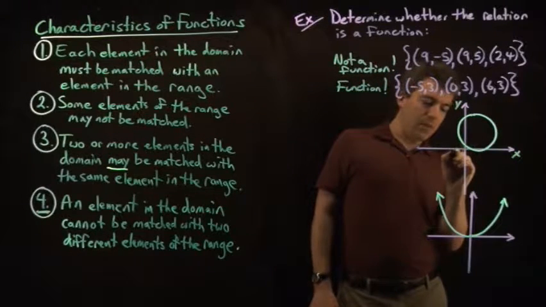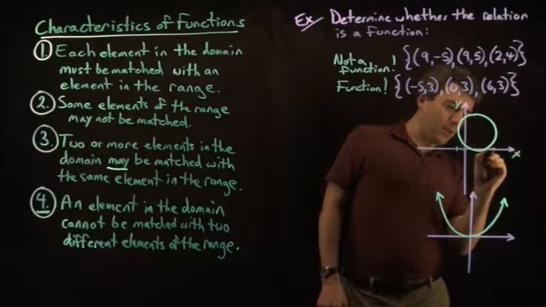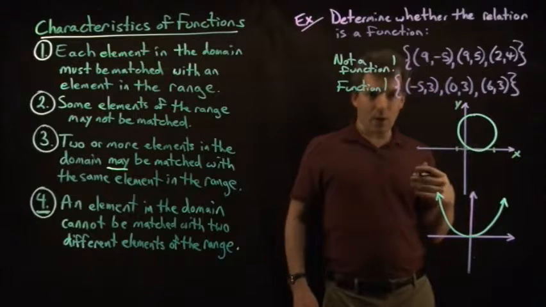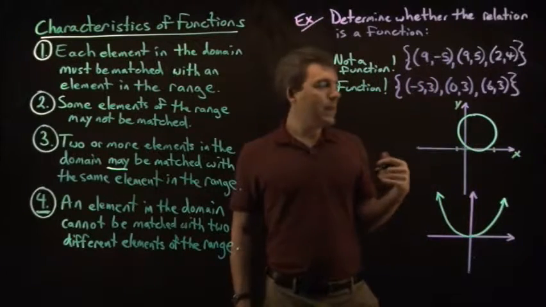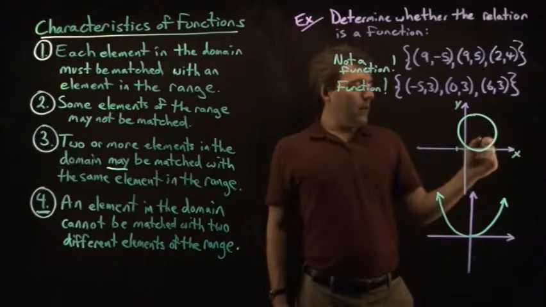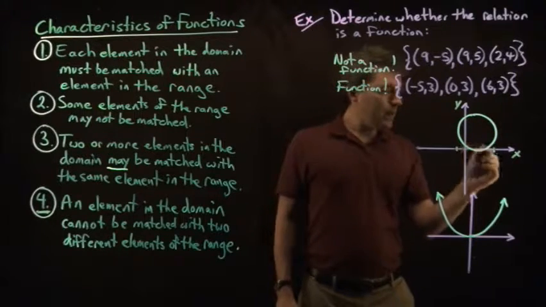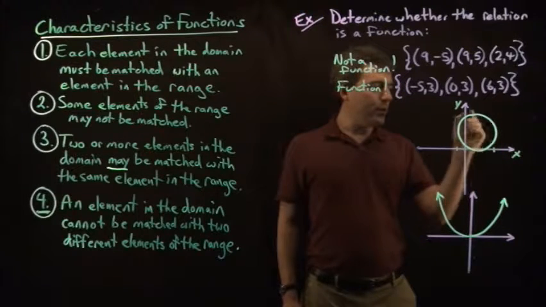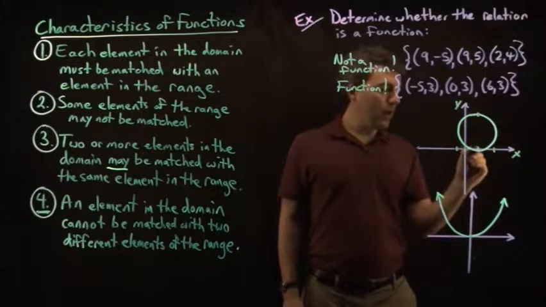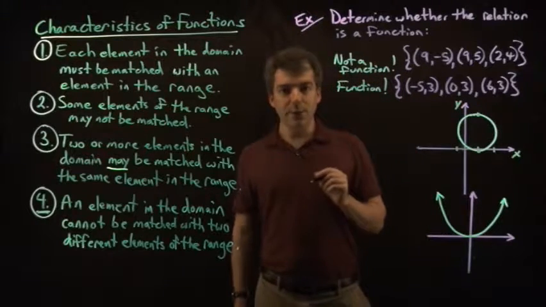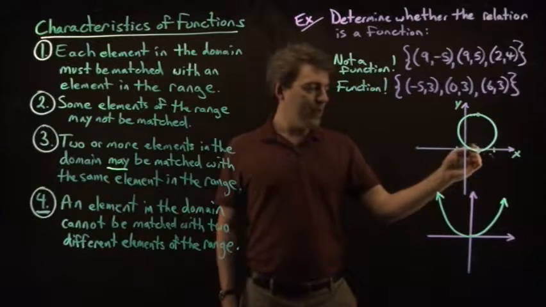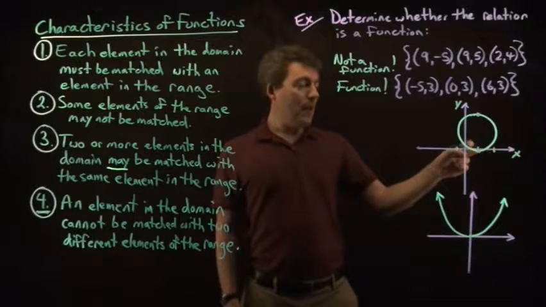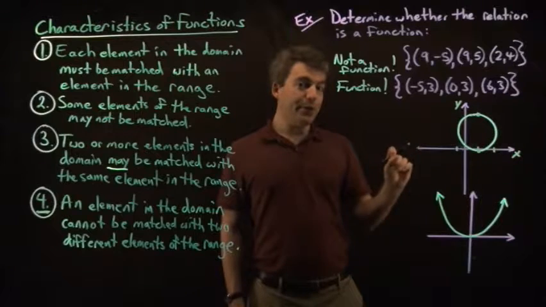It starts about here and goes out to around here. So in these x values, there is a corresponding y. All right, but for some of them, say this x value right here, we can see that there are 2, one right here, one right here, outputs that correspond to it. So this x value has 2 output values associated with it. That means that this relation is not a function.